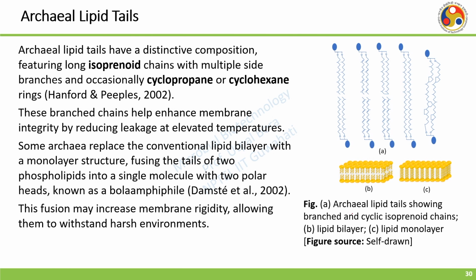In this figure you can see the archaeal lipid tails showing branched and cyclic isoprenoid chains in figure A, the lipid bilayer in figure B, and the lipid monolayer in figure C.